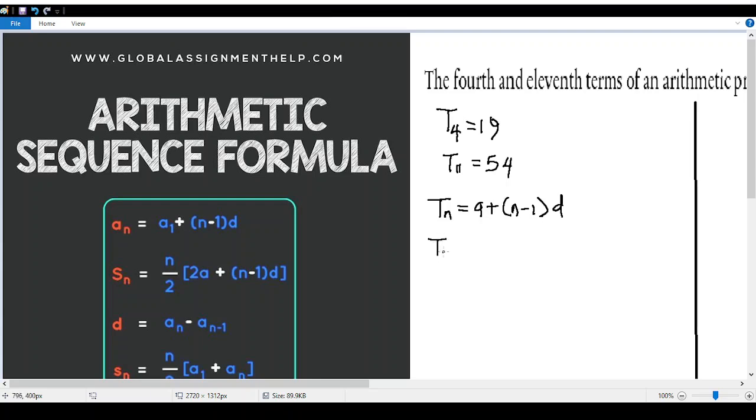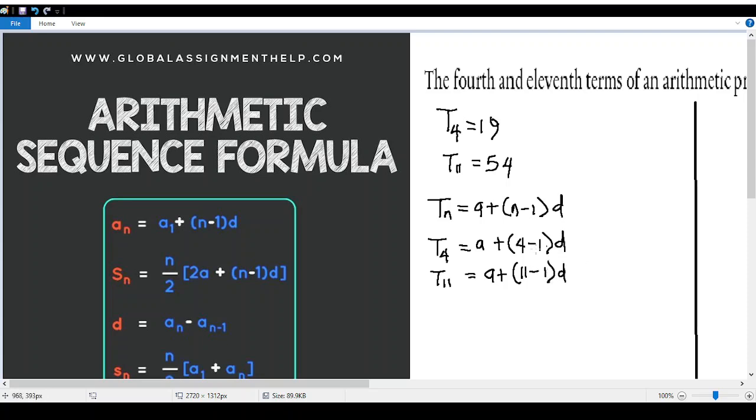The fourth term is equal to a plus (4 minus 1) d, and the 11th term is equal to a plus (11 minus 1) d.